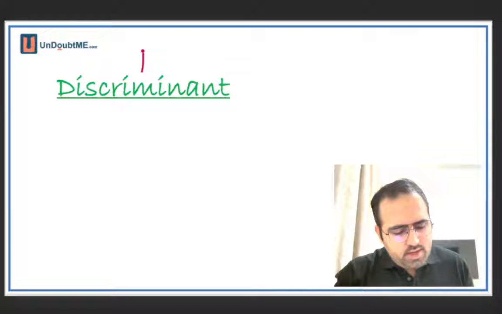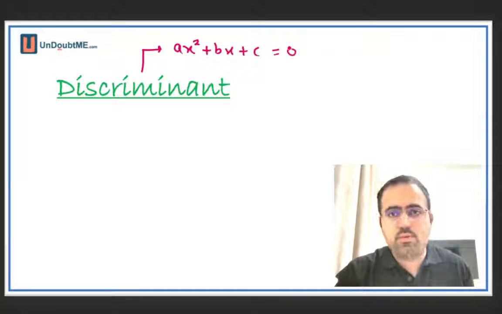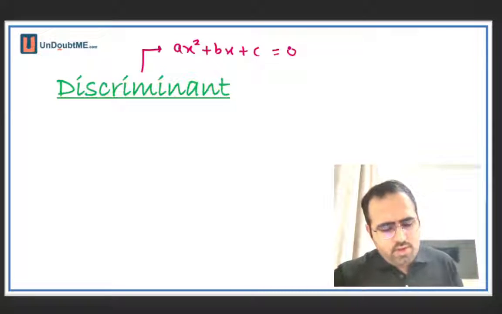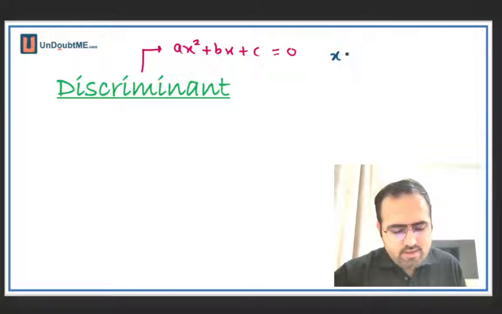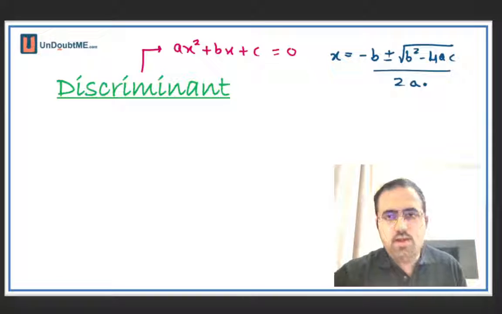So we know that any quadratic equation is of the type ax square plus bx plus c is equal to 0. This is the general form of a quadratic. Now when we write down the formula for roots, that is x, it is x equals minus b plus minus square root of b square minus 4ac over 2a.